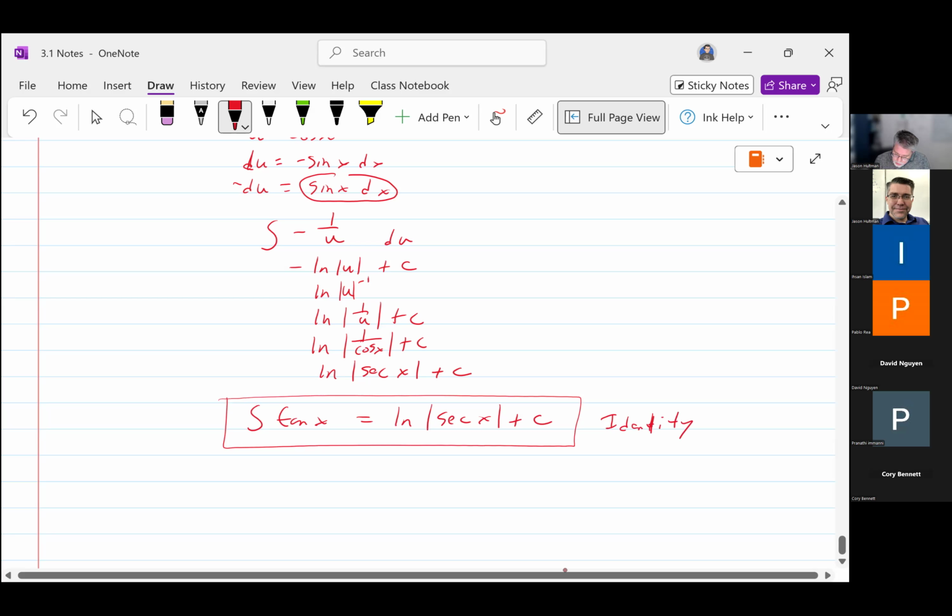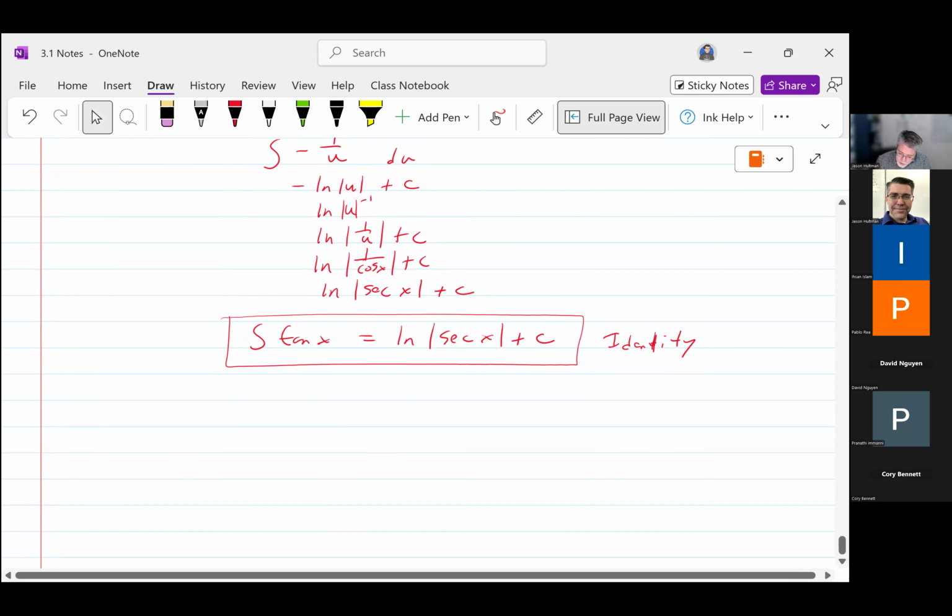So what was the derivative of tangent? The derivative of tangent was secant squared x, exactly. What's the integral of tangent? Natural log of secant x plus c. So now we know how to take the derivative of tangent and the integral of tangent.